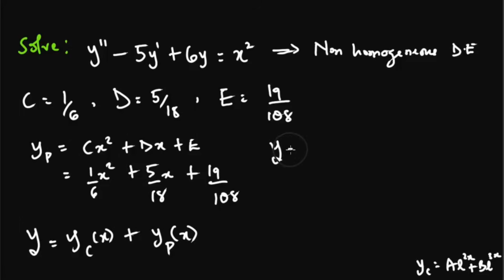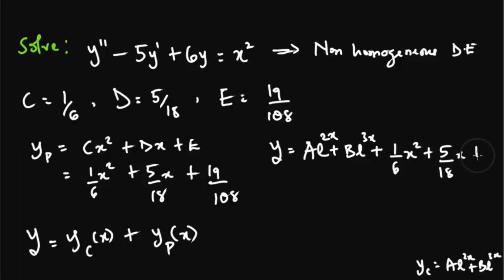It is now equal to what we have here, a exponential 2x plus b exponential 3x, plus the particular solution 1 over 6 x squared plus 5 over 18 x plus 19 over 108. And this is the final answer to the question.